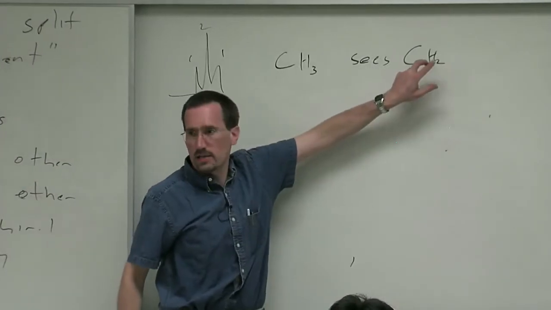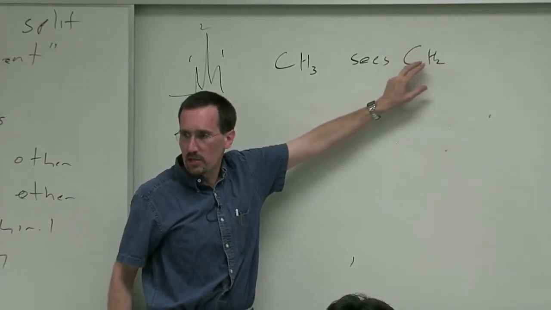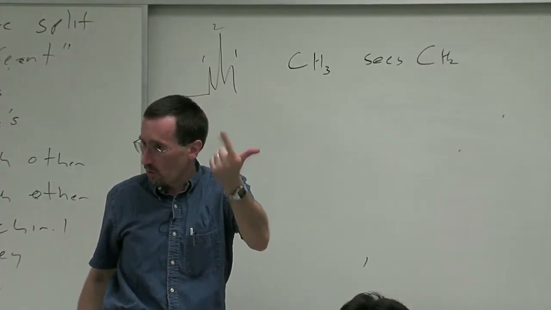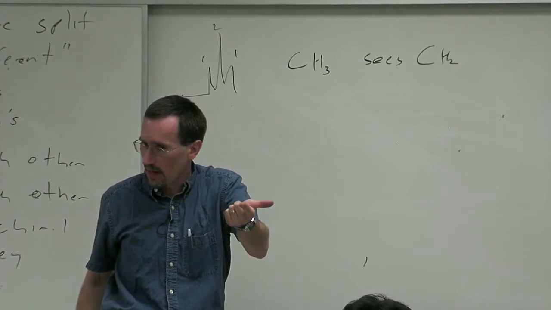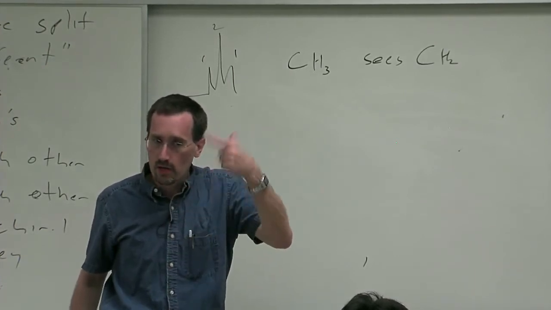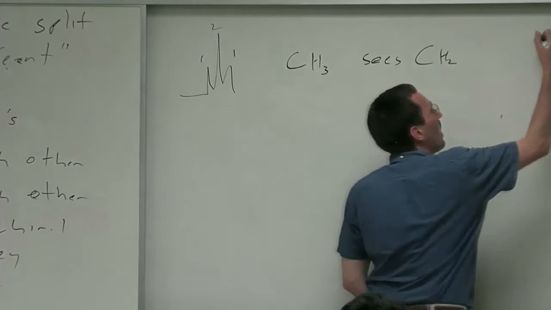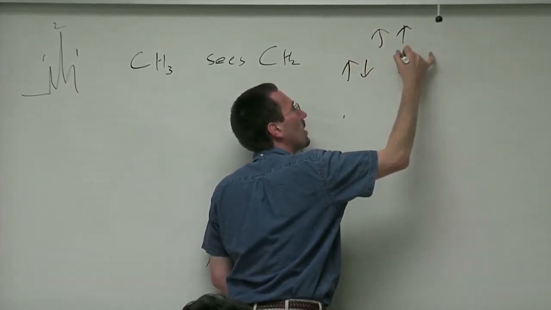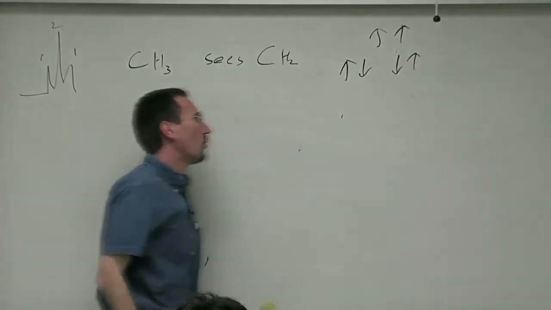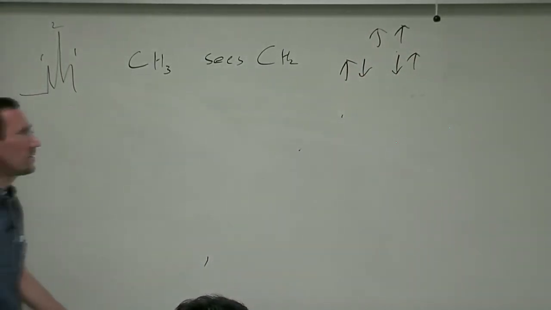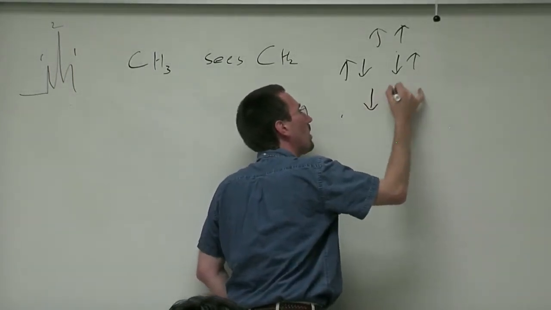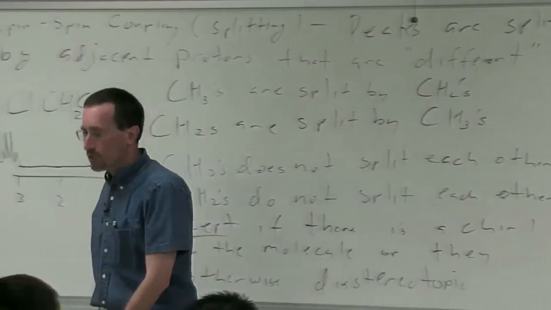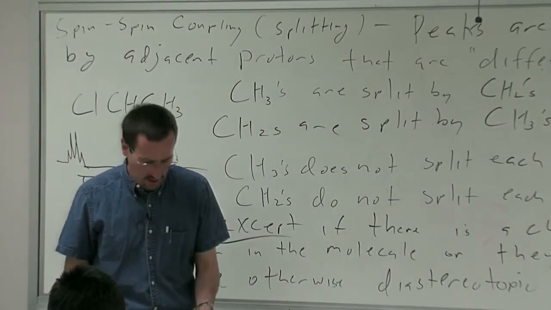And the two protons act as little magnets in each molecule. And those little magnets can be spin up, or one can be spin up and one can be spin down, or they both can be spin down. So you get 3 lines. There's one way for them both to be spin up. There are 2 ways for them to be one spin up and one spin down. And there's one way for them to be spin down. And so that gives rise to our 1 to 2 to 1 triplet.